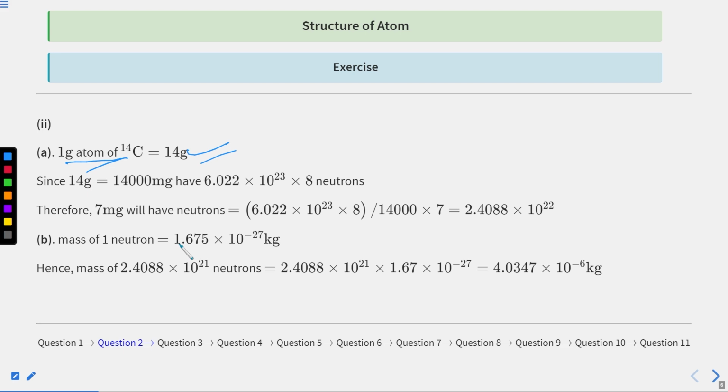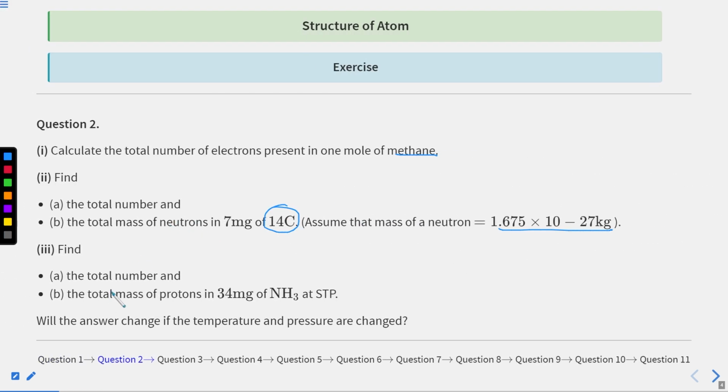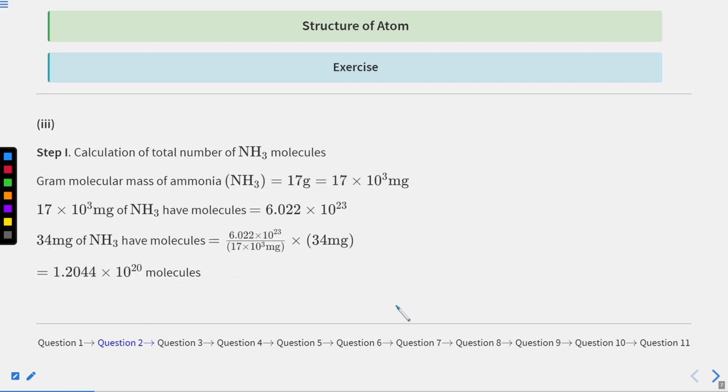Now here what we have to find? Here you have to find the total number and mass of protons in 34 mg of NH3. So let us do it. So we know the total number of NH3 molecules, so its gram molecular mass.